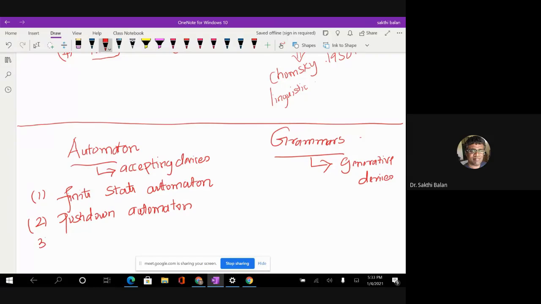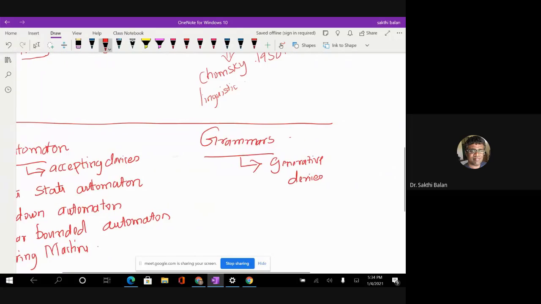The third one is called a linear bounded automaton. And the fourth one is called the Turing machine.